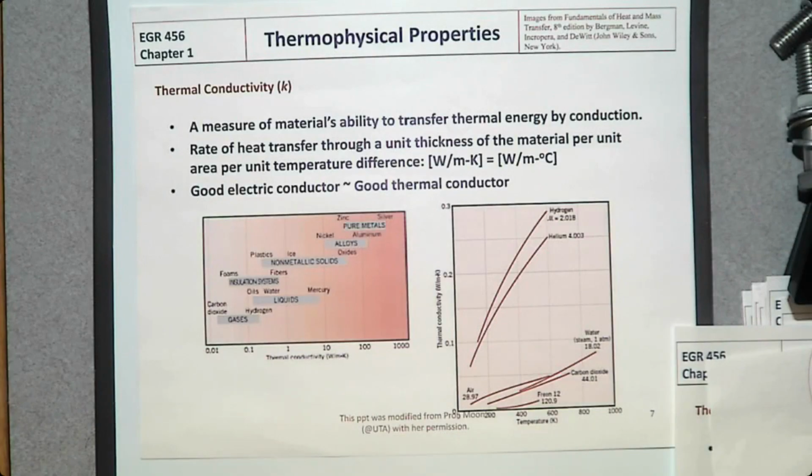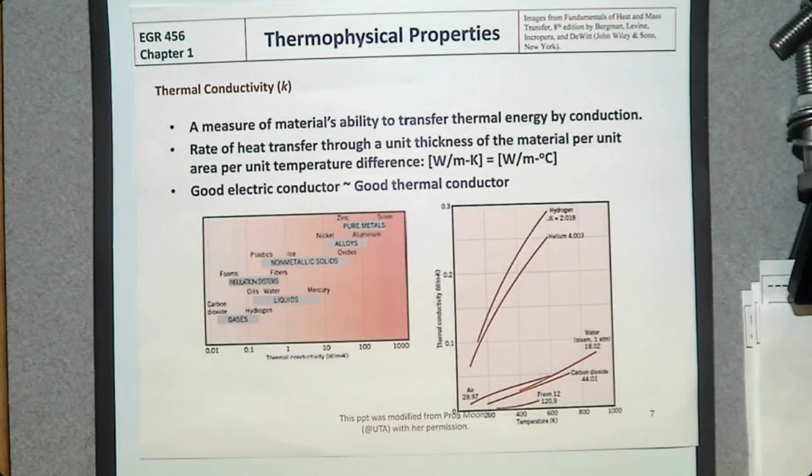And so if you have two temperature values at two positions, we use the average temperature to evaluate thermal conductivity. But unless there are significant temperature differences, we usually do not care much about the temperature dependency of thermal conductivity.